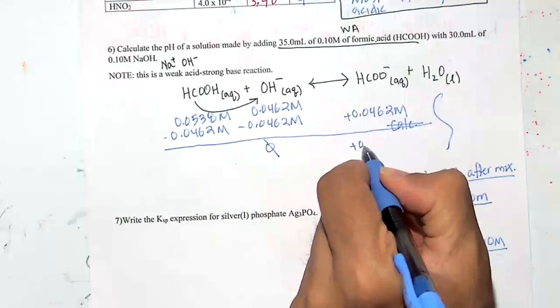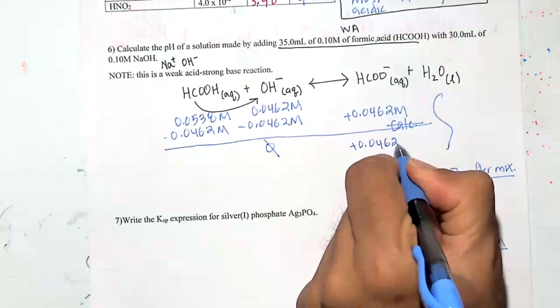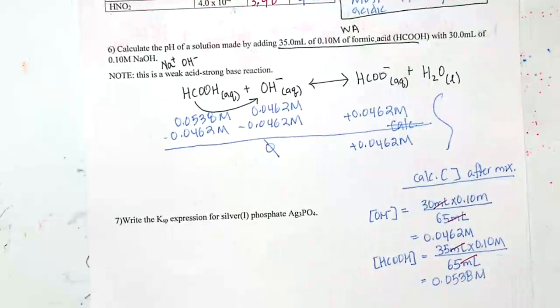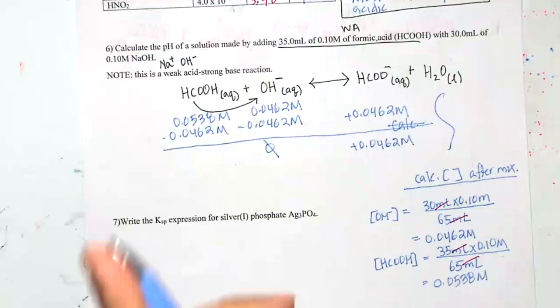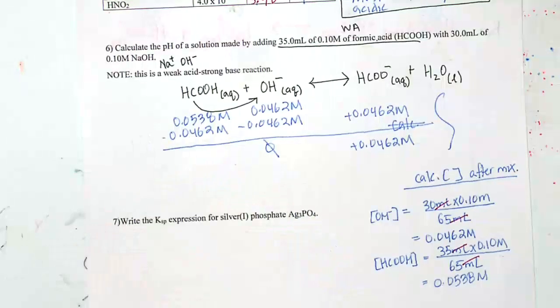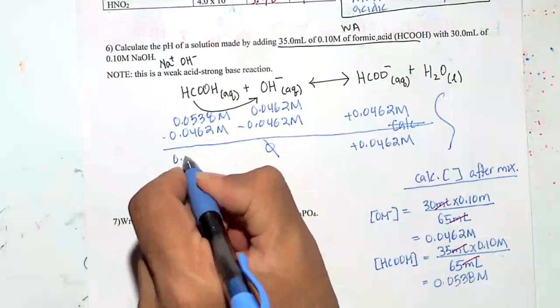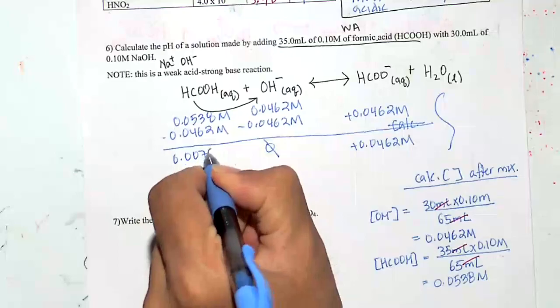So this will be 0, this will be 0.0462 molar. And then 0.0538 minus 0.0462, I am getting 0.0076 molar.